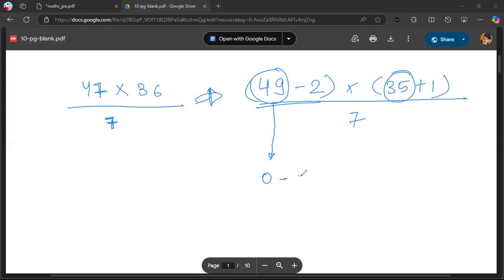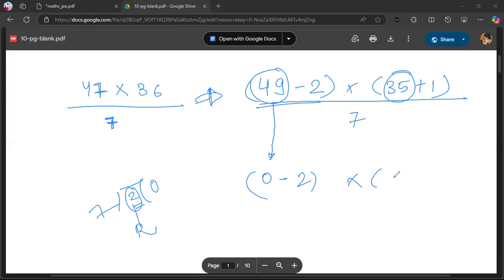And if we divide 2 by 7, what will be the remainder? We just now discussed it. It will be 2 only, sir. Yes, it will be 2 only. And what if we divide 35 by 7?